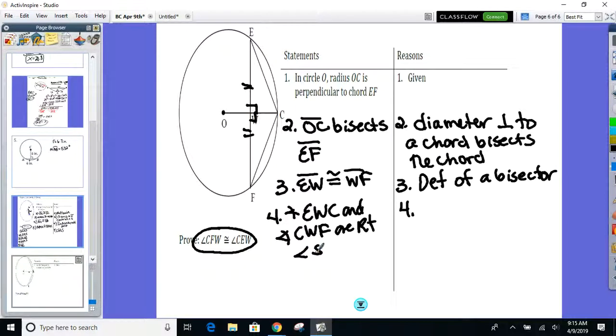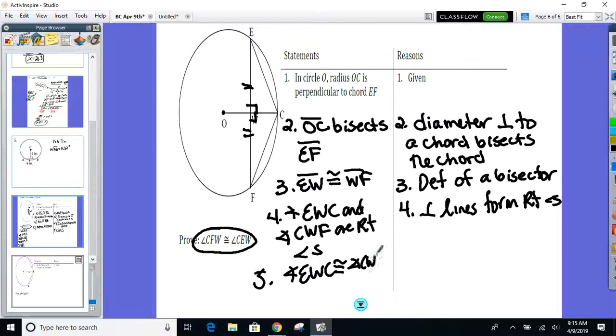Anybody? I know it's been a while. Perpendicular lines form right angles. And then we need to say right after that, they're congruent. This was good times. EWC congruent to CWF. What was that reason?